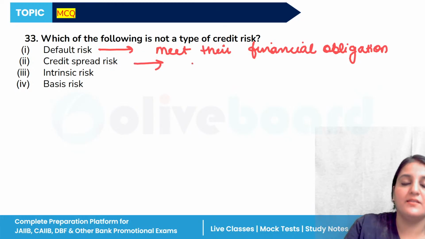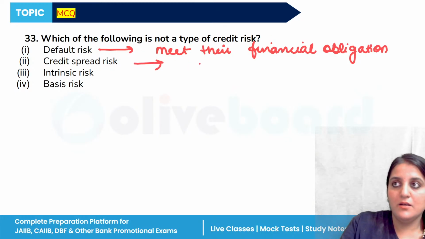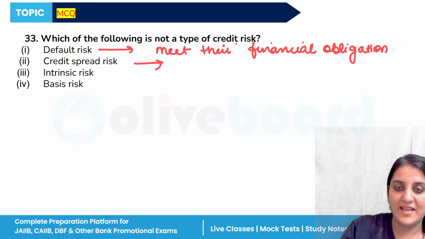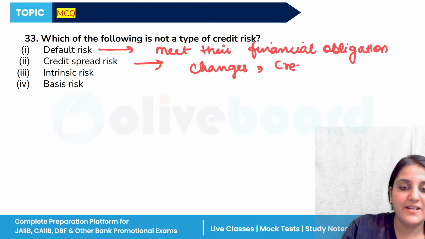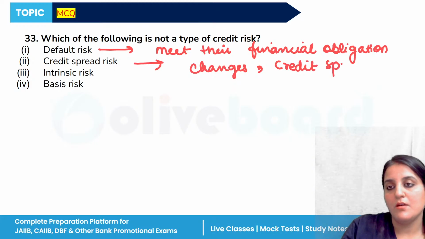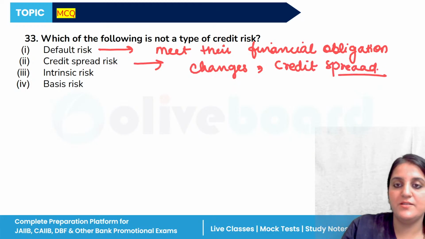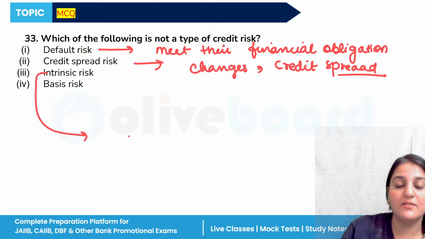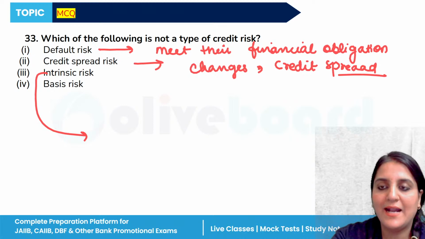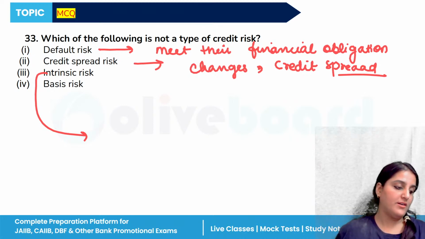Credit spread risk is the risk of loss which arises from changes in the credit spread of a financial instrument, particularly bonds. Intrinsic risk is not widely defined in the terms of finance and risk management. And what is basis risk?